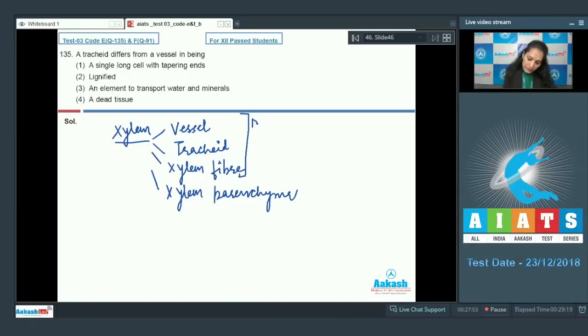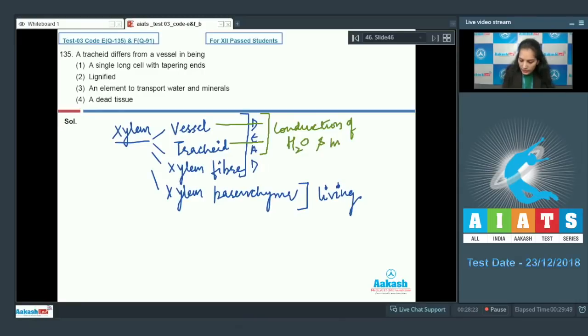These all are dead, except xylem parenchyma, which is the only living component. These two help in conduction of water and minerals. And these other three are lignified.